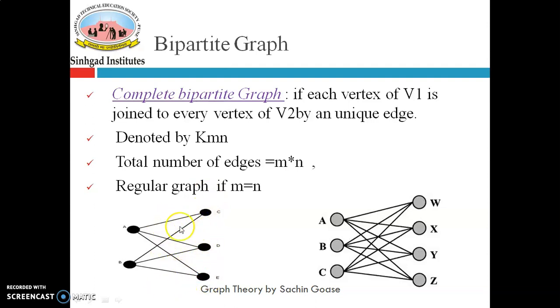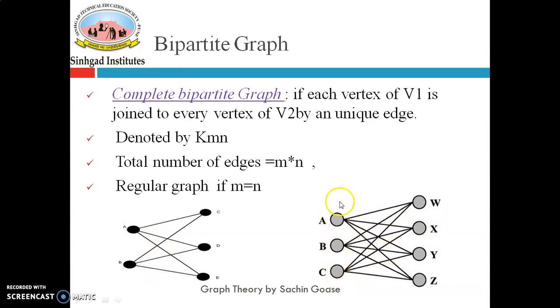That's why it is called a complete bipartite graph. And total number of edges we see in the formula, that is M into N. In this case M value is 2 and N value is 3. So 2 into 3, total number of edges will be 6. So you can check here, these are the 6 edges. And this is the complete bipartite graph.